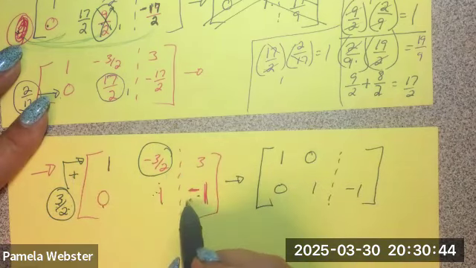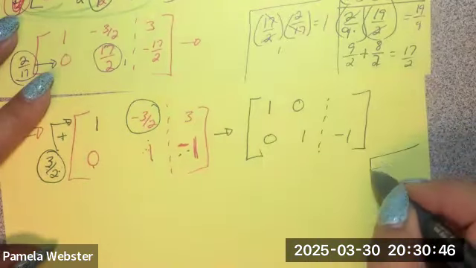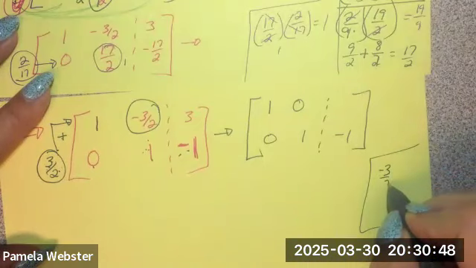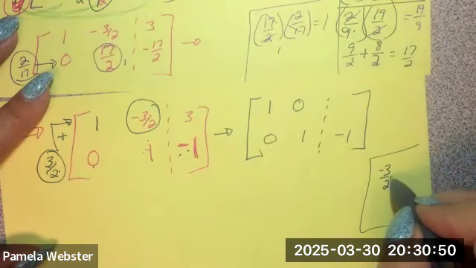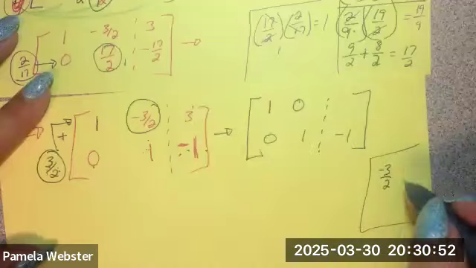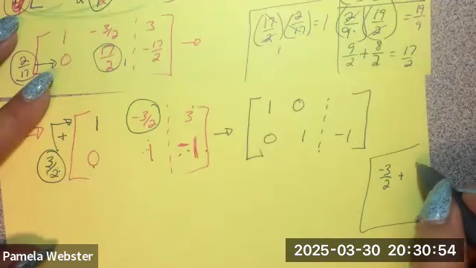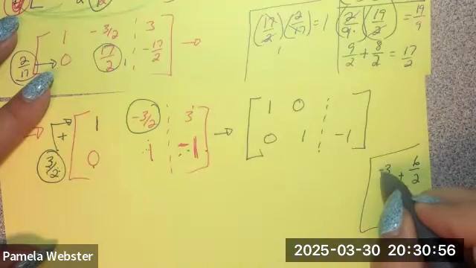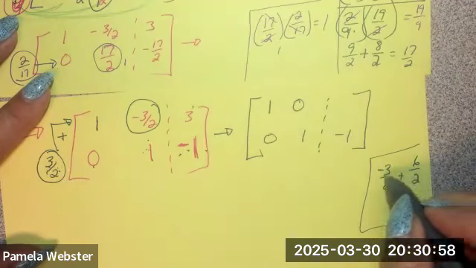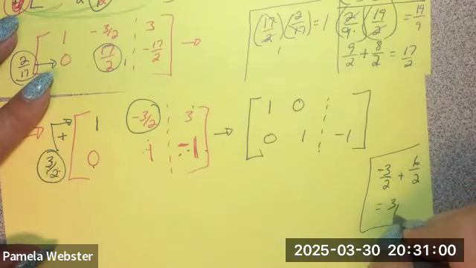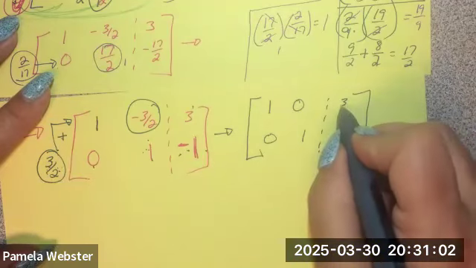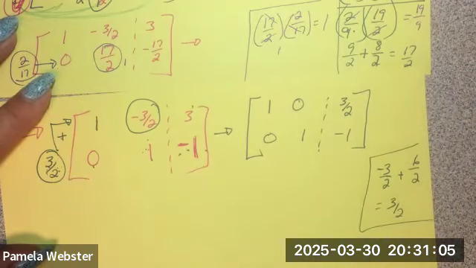So this is -3/2. And again, I might need to do a little bit of arithmetic off the side. -3/2 plus a 3 is 6/2, right? -3/2 plus 6/2, that's 3/2, right? So it did work itself out in the end.